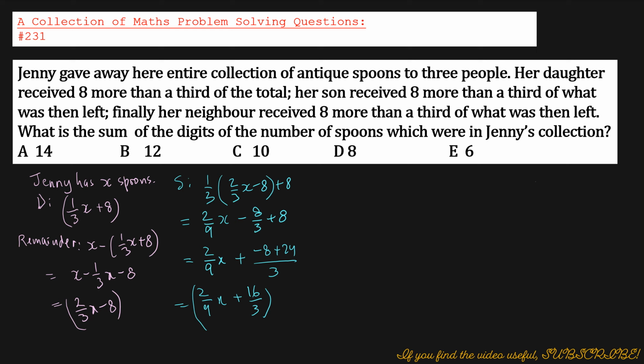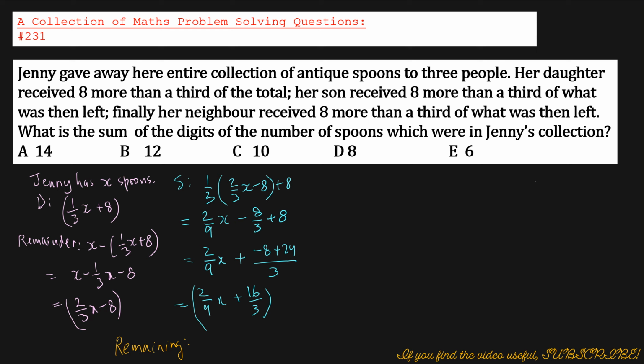So now we have to work out the remaining. After the son has got his share, the remaining would be the remaining before the son got, and take away the son's share from there.